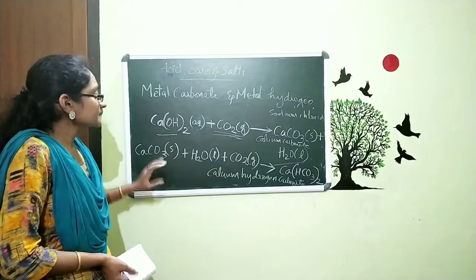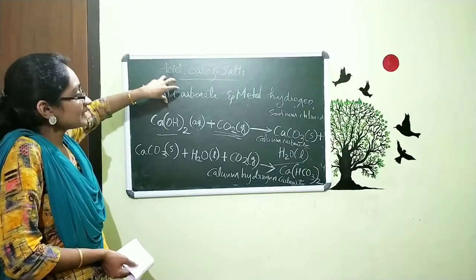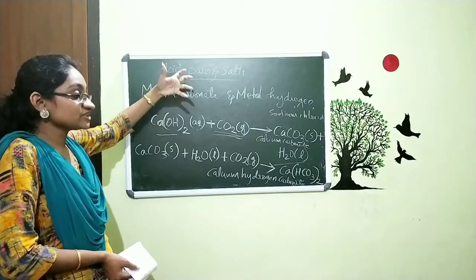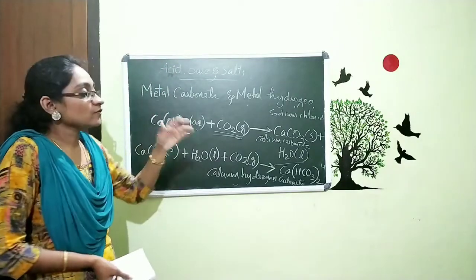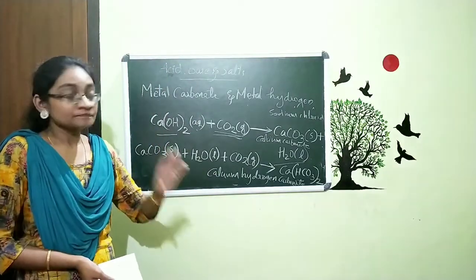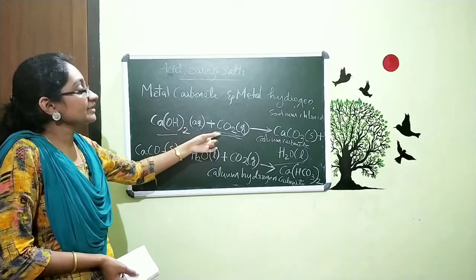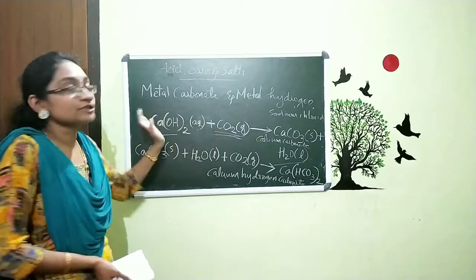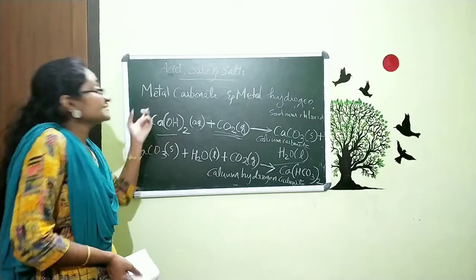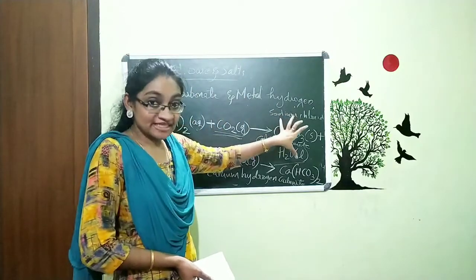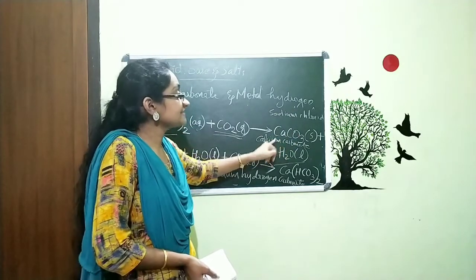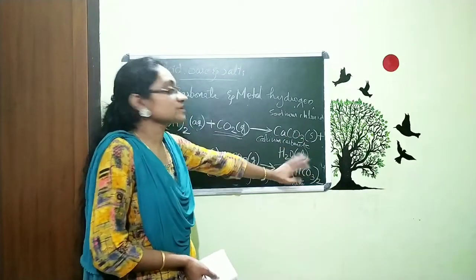So at first, when the metal carbonate reacts with acid, carbon dioxide is there, water is there and a salt is there. Then we collected the carbon dioxide gas and passed it through calcium hydroxide. Then we got another product, a precipitate, calcium carbonate, and it also produces water.